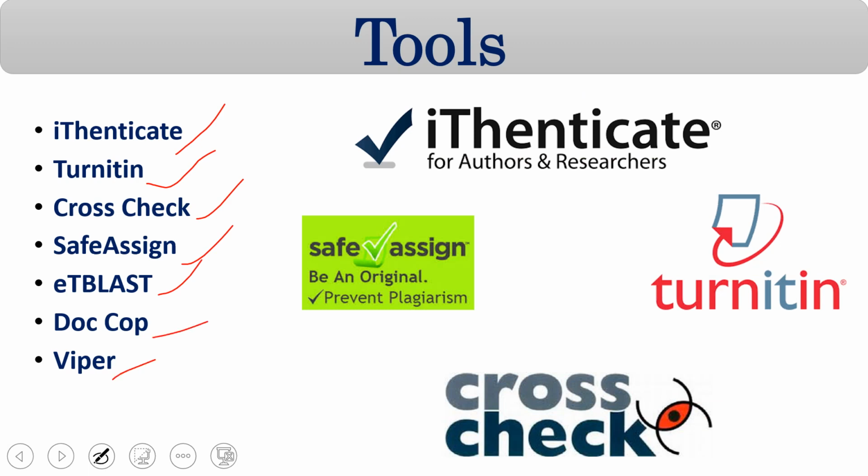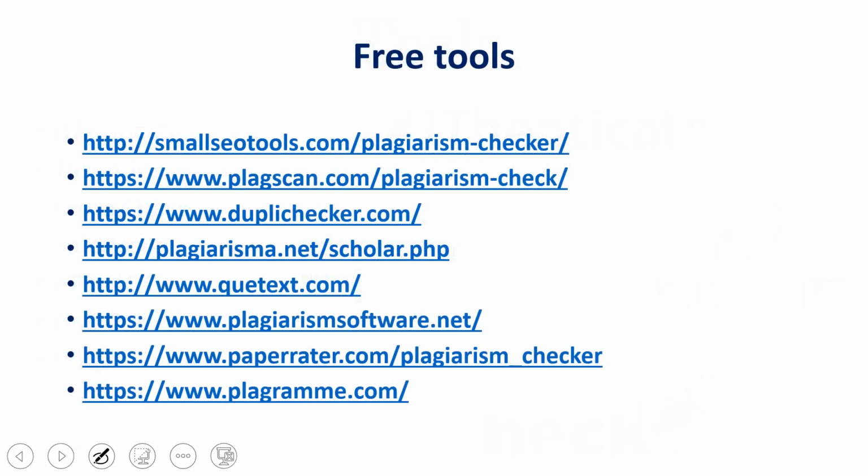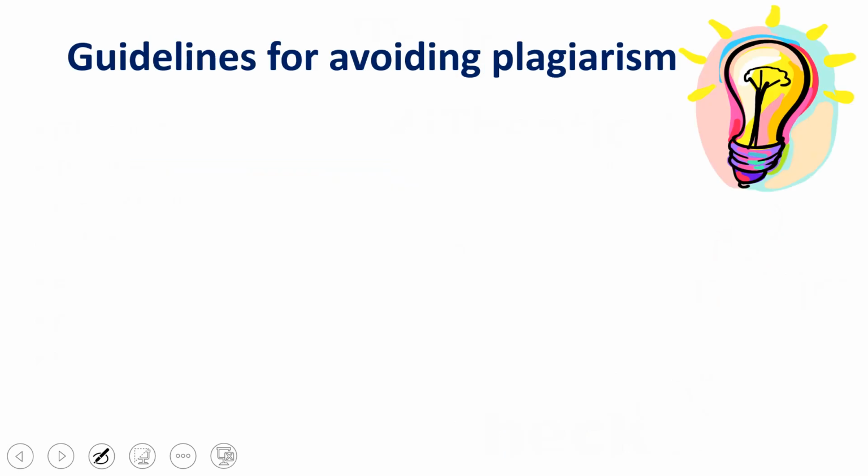These are the paid software by which you can find the source from where the content has been copied. Then there are some free tools also. These are some websites where you can do a free checkup of your text or your word file. Some places you can upload a word file, some places have a limitation of 1000 or 10,000 words or characters.